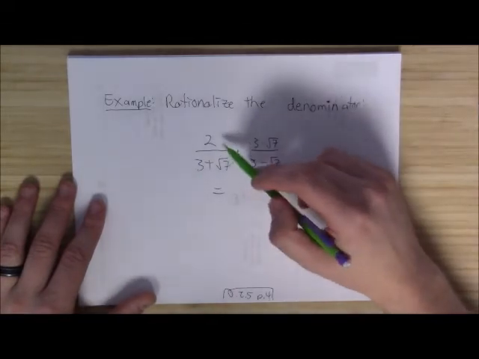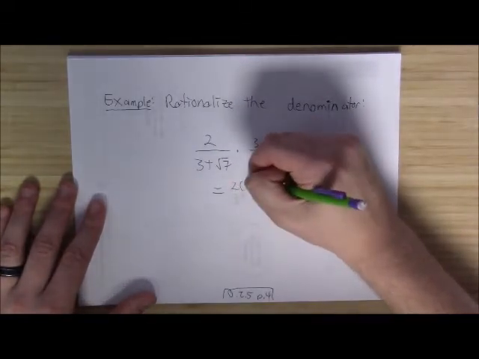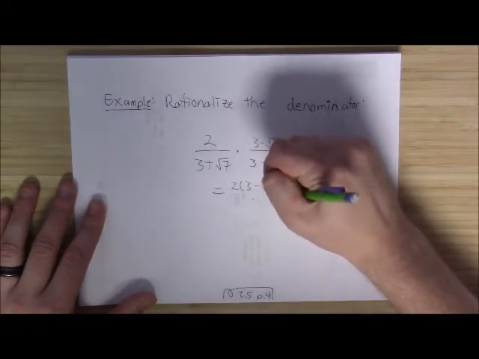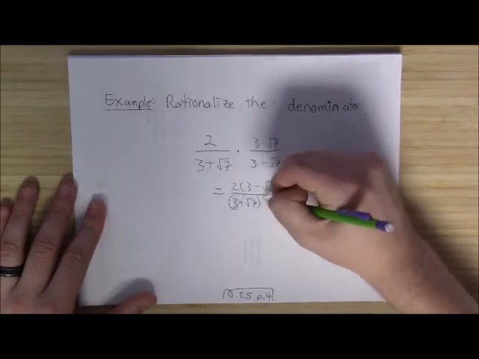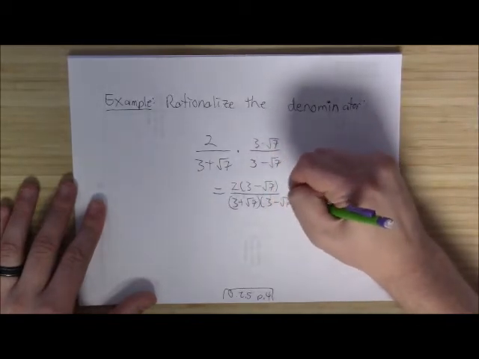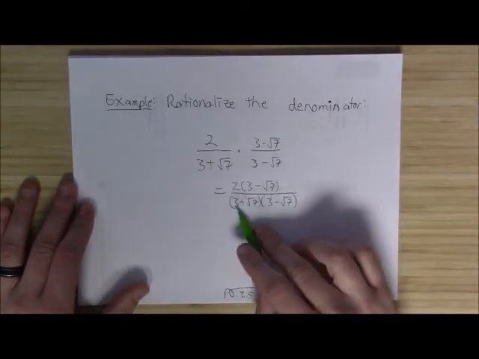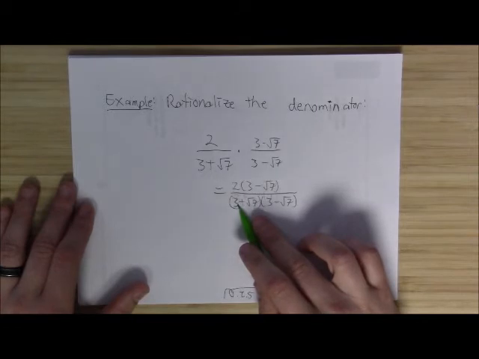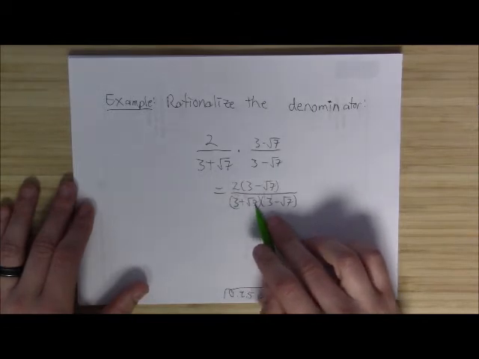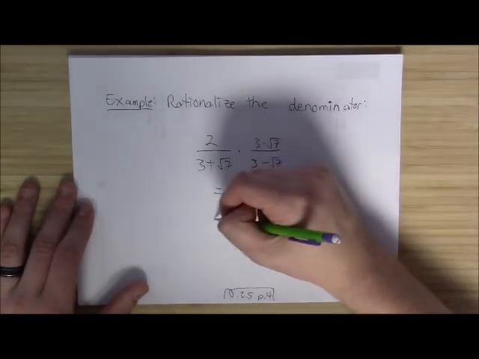So how does this help you? Well, the top, we have 2 times 3 minus square root of 7 over 3 plus root 7 times 3 minus root 7, which doesn't seem very helpful. However, if we use the distributive property here, we can distribute this whole expression to the 3 and to the negative root 7.